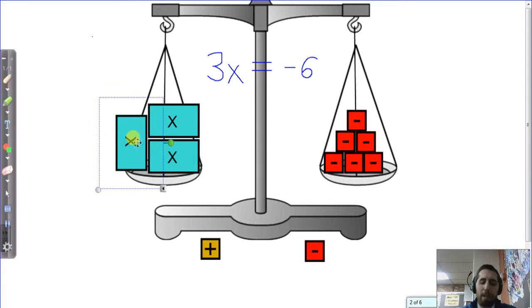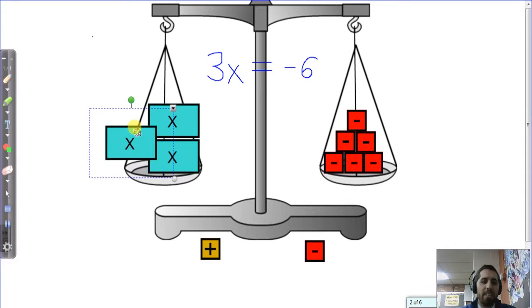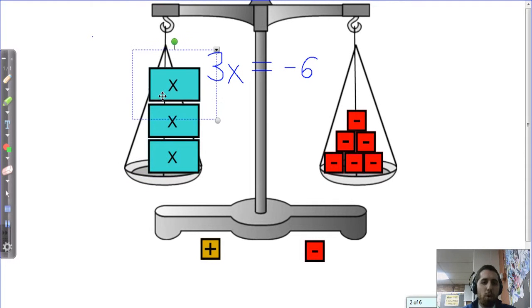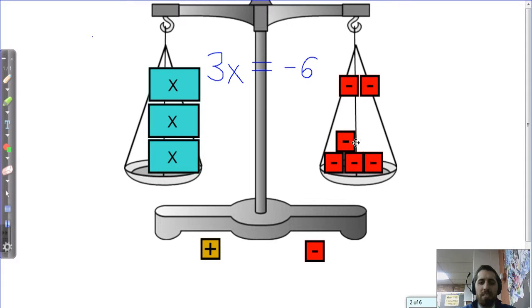Now again, you might be just looking at it and it might seem obvious, but I want to think of a theoretical way that will always work even when it's not quite this obvious. But maybe you're seeing the idea that we can find out what one of these x boxes is equal to if we remove the same amount from each side. Now again, we don't know what is in those x boxes, so it's hard to know how many negatives to remove.